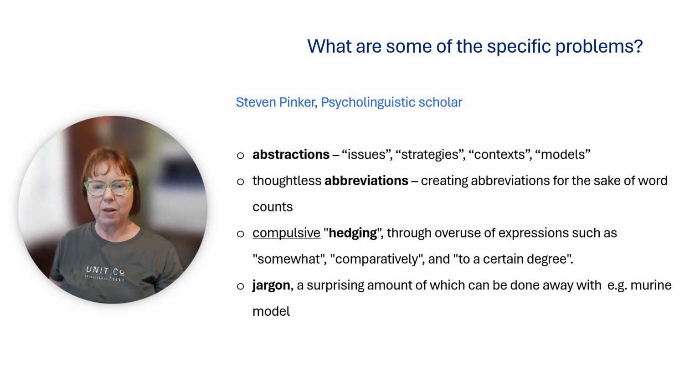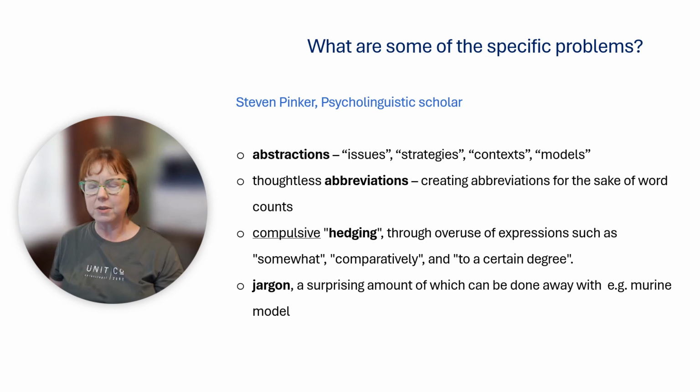Next, compulsive hedging through overuse of expressions like somewhat, comparatively, and to a certain degree. As researchers, we're taught to do this. Rarely would we say that our findings prove something or that something absolutely causes something else.